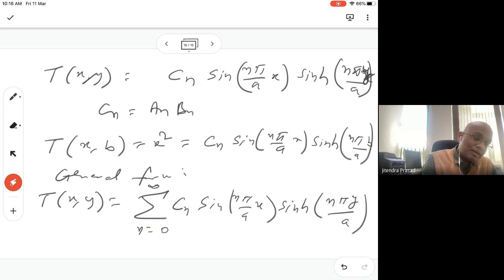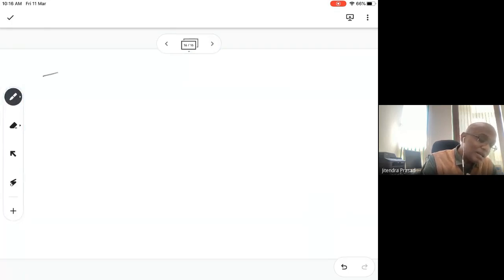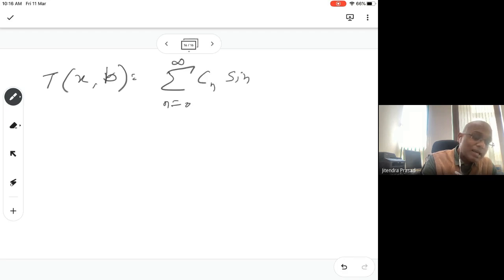Okay, so from the general solution, T(x,y) or T(x,b) is equal to summation n equal to 0 to infinity cn sine n pi over a x sine hyperbolic n pi over a y.